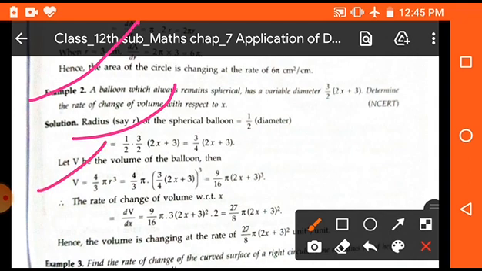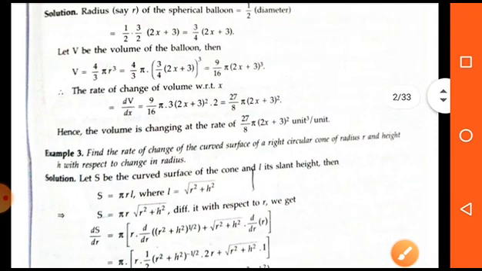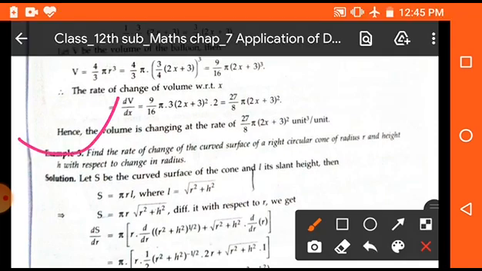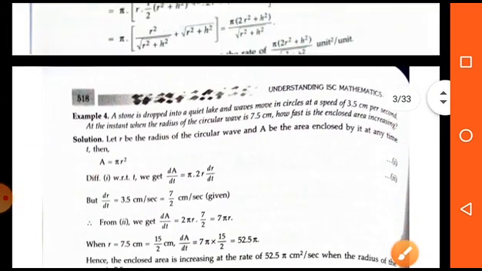Now V equals 4 upon 3 pi r cube is the volume of a sphere. Putting this value, we get the expression. Now differentiate volume with respect to radius, we get 27 upon 8 pi (2x plus 3) whole square. Clear? If you put in the given value of r, then you will find the accurate value of the change in volume. Clear? Okay students.